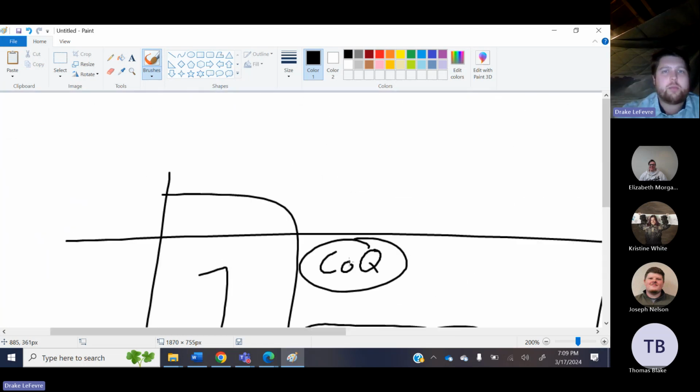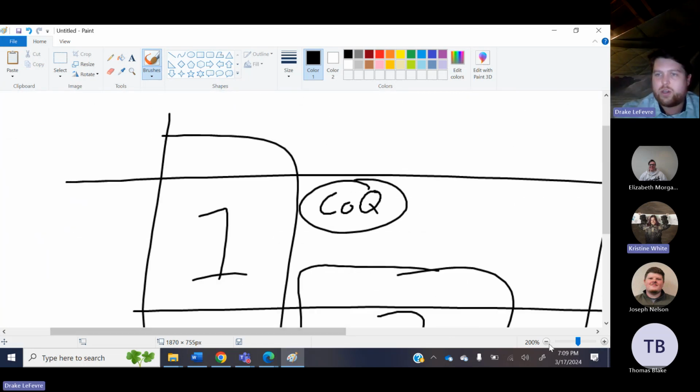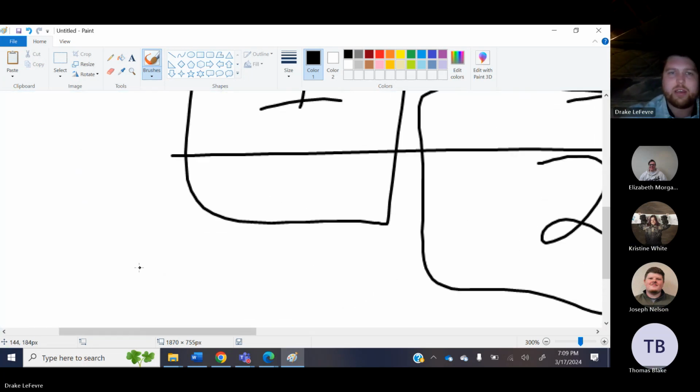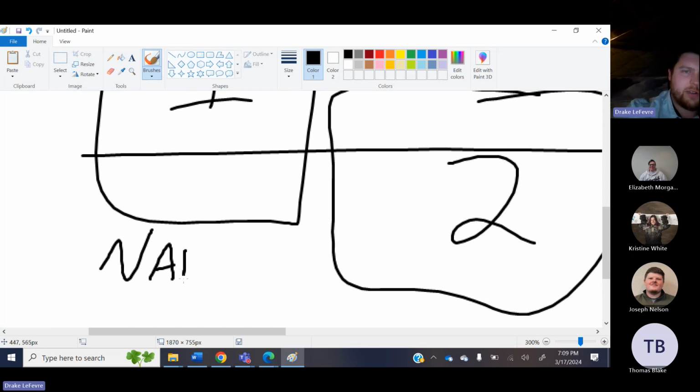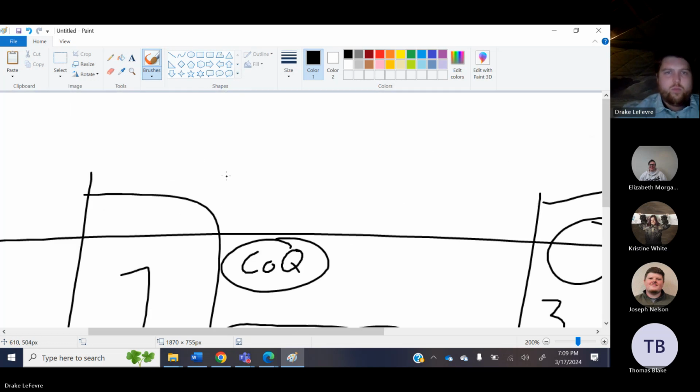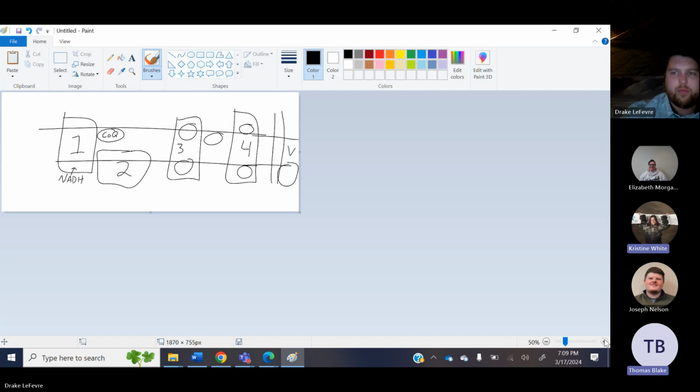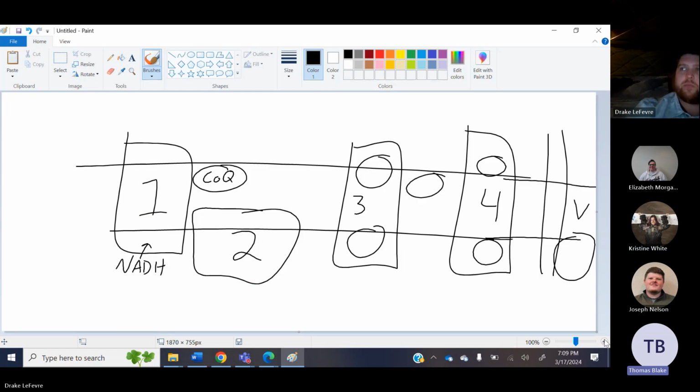Let's keep going here. Complex 1. What does complex 1 break apart? NADH. Good. So NADH goes into here. What else does complex 1 do? It transports 4 hydrogens across the intramitochondrial membrane.